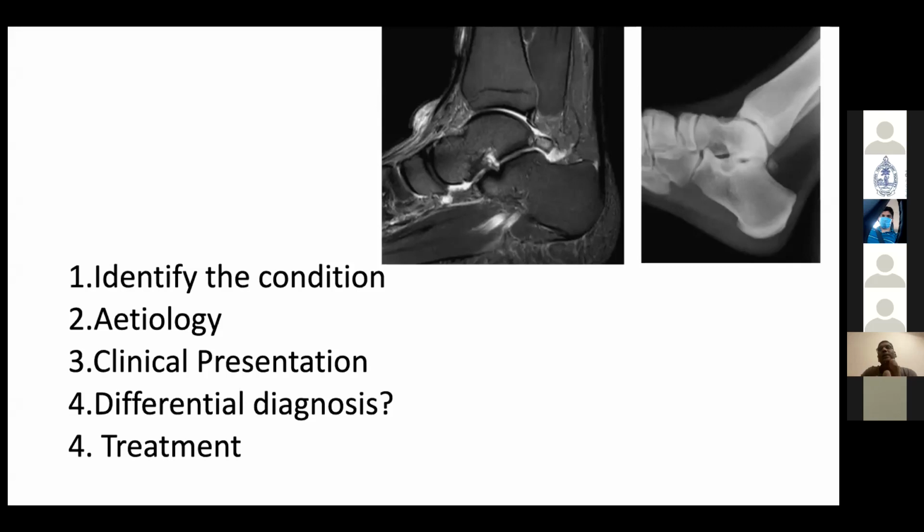But in a posterior process fracture, usually the margins are irregular, and it fits into the body of the talus just like a jigsaw puzzle. That's how you differentiate between os trigonum and the fracture.